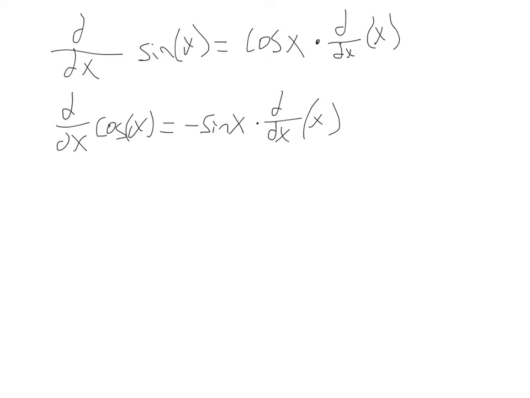So your derivative is going to be equal to the cosine of x minus 2 times the derivative of the sine of x, minus the sine of x times the derivative of the cosine of x minus 2, all over the cosine of x minus 2 quantity squared.